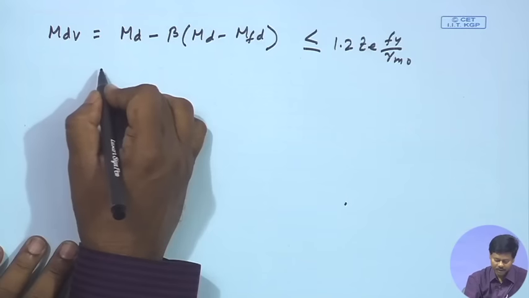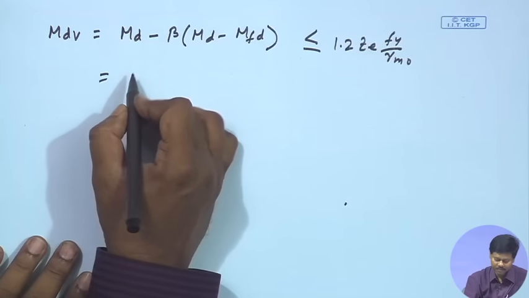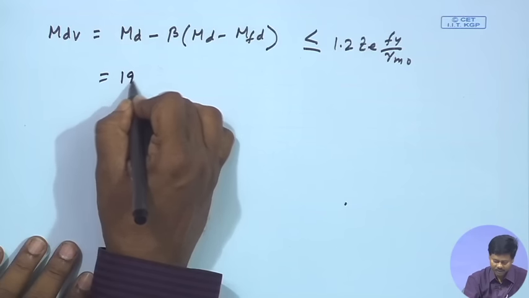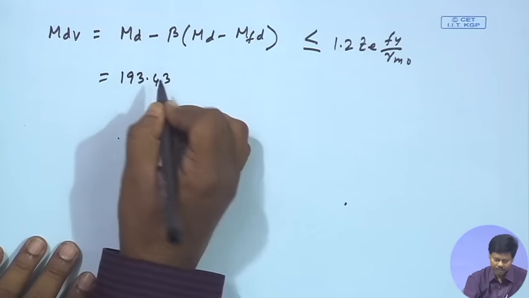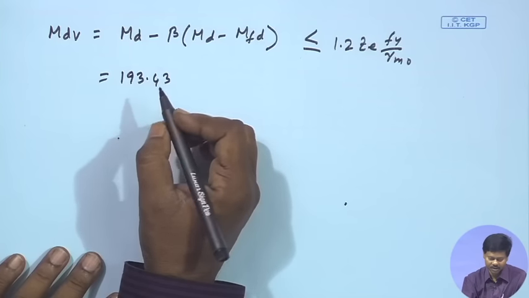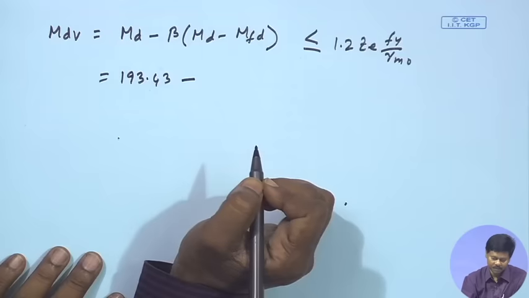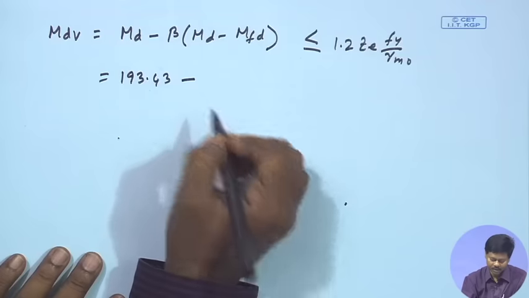If we calculate this, the Md value we have calculated earlier is 193.43, which is the plastic design moment of the section disregarding high shear, and beta value we have to calculate, right.